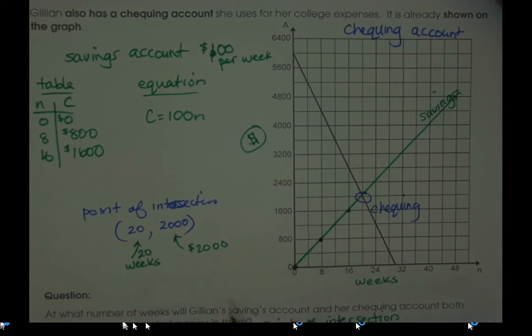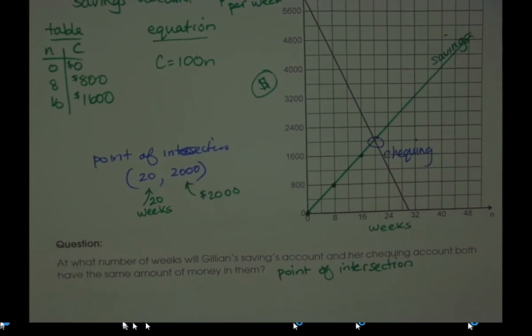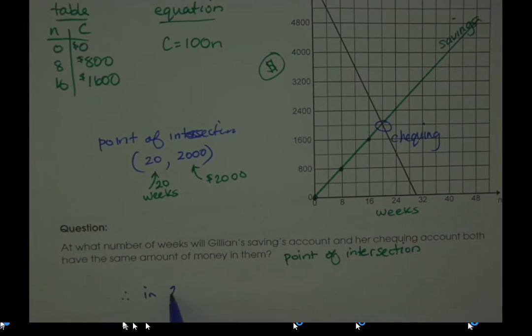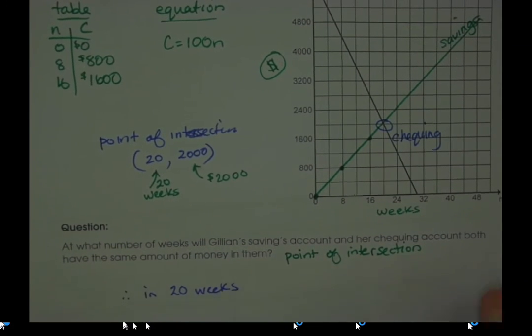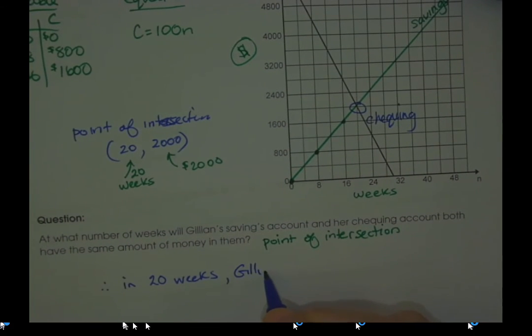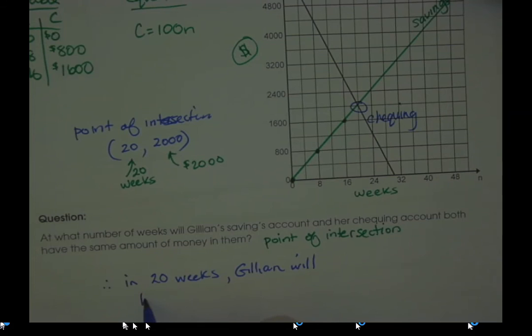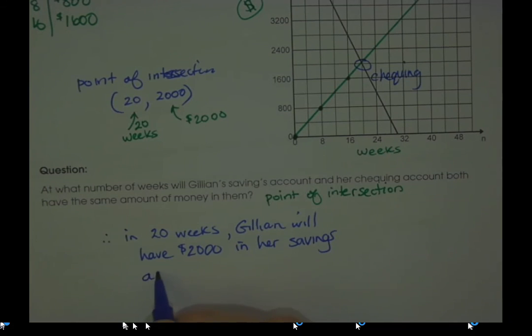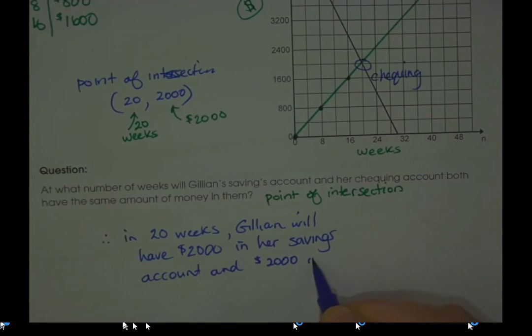All right, so if I was making a nice therefore sentence, I can say in 20 weeks, Jillian will have $2,000 in her savings and $2,000 in her checking account.